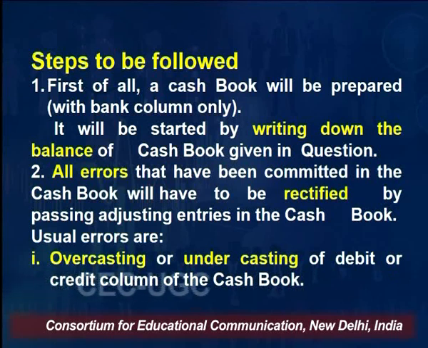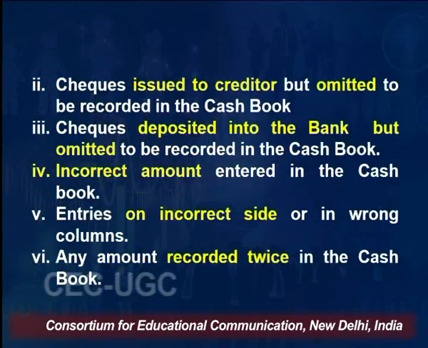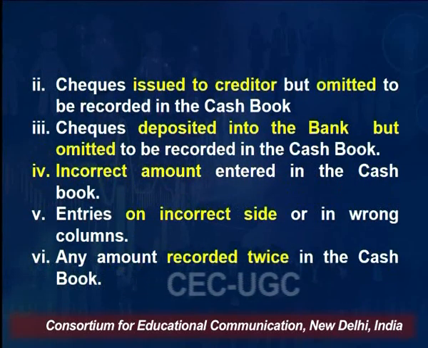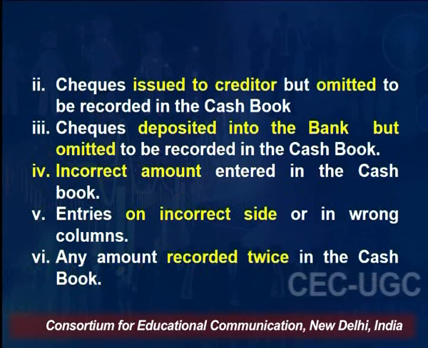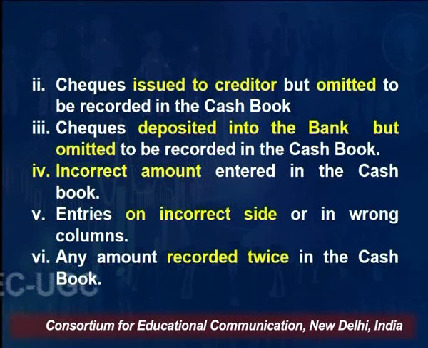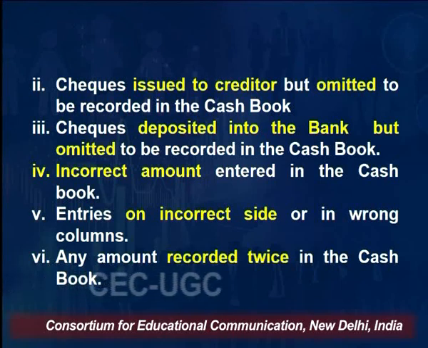The second point which you have to keep in mind is all those errors or omissions which are committed in the cash book will be rectified. Usually these errors are whether there is an overcasting or undercasting of the debit or credit side of the cash book, or we have issued a check to a creditor but forgot to record this check in the cash book, or a check deposited into the bank but omitted to be recorded in the cash book.